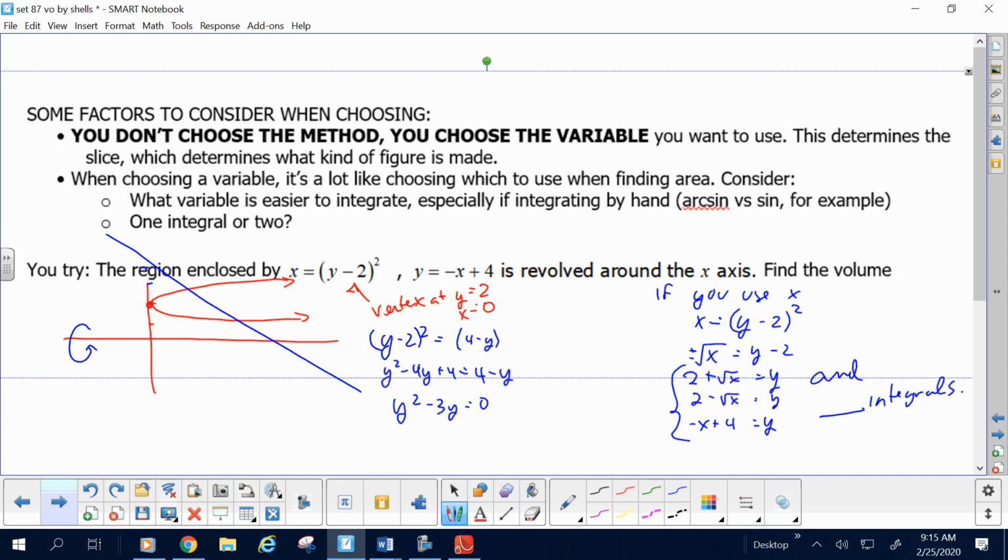Picture not very good, is it? Oops. Doesn't make any sense. What did I do wrong? I grabbed this one.